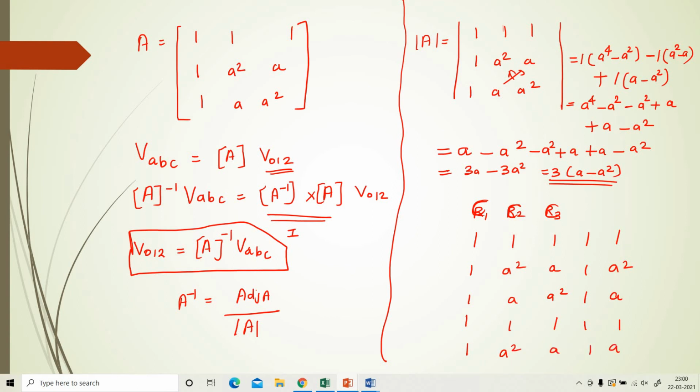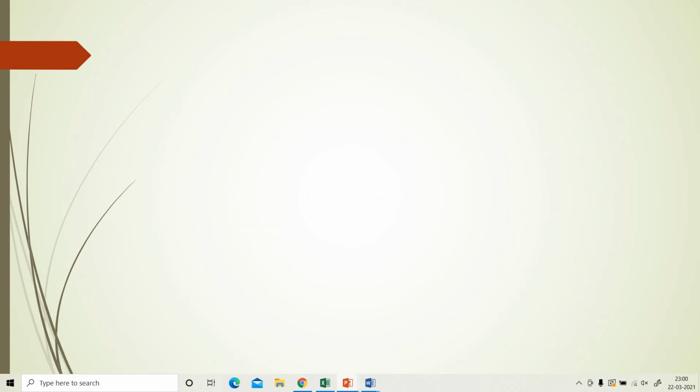Next I am going to explain how to reduce this. So once again I am going to write column 1, column 2, column 3, and here row 1, row 2, row 3.